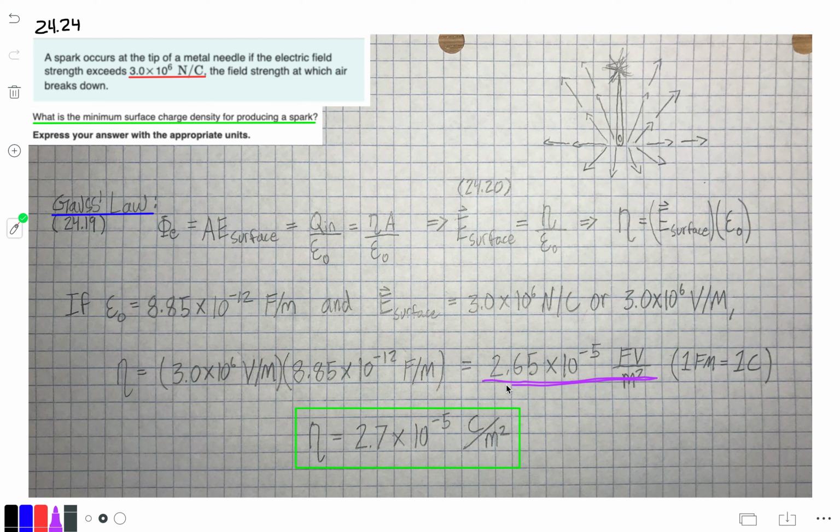At this point, our answer is in farad volts per meter squared, but we can say that this should be 1 farad volt here, but 1 farad volt equals 1 coulomb, so we can just rewrite this answer to say that our surface charge density is going to be 2.7 times 10 to the negative 5th coulombs per meter squared. We are just rounding up here for our sig figs.